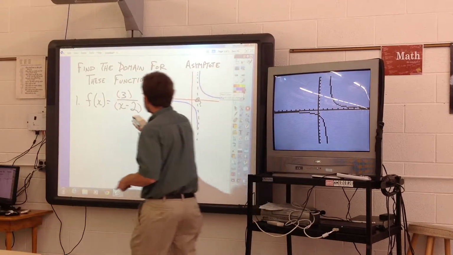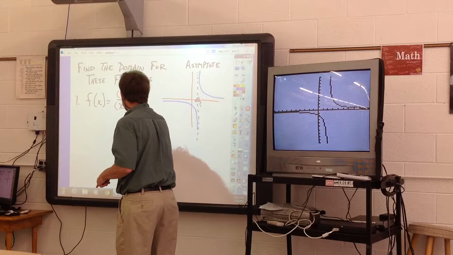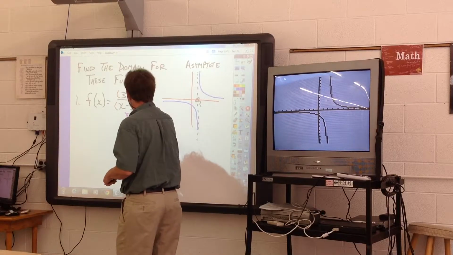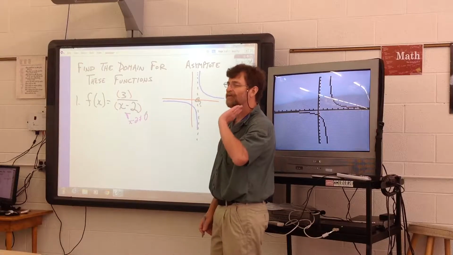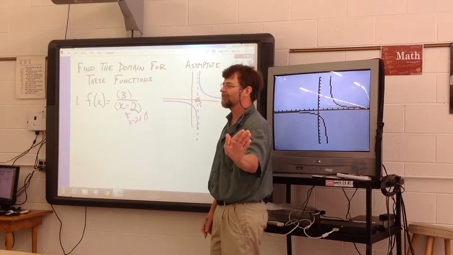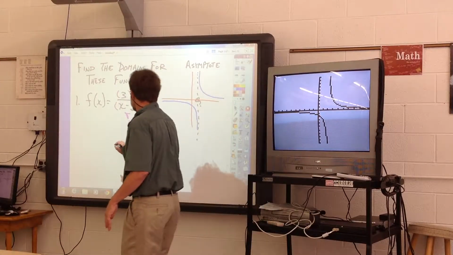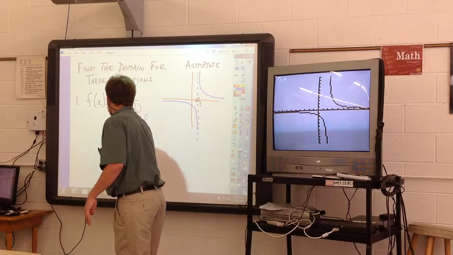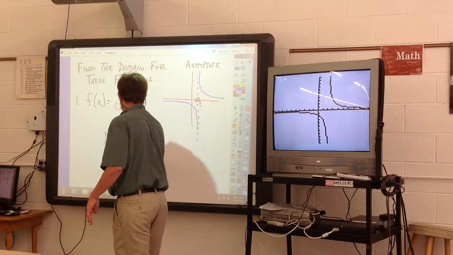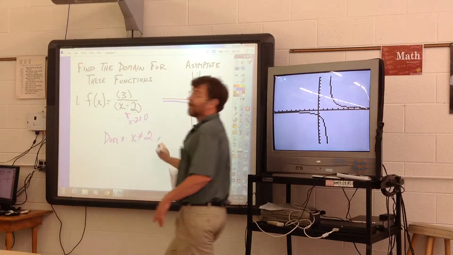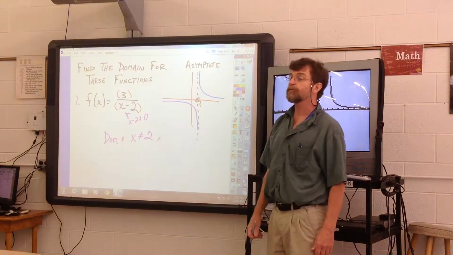What you do is look at the denominator. This cannot equal 0. So your domain is x, I better not put equal there, x does not equal 2.